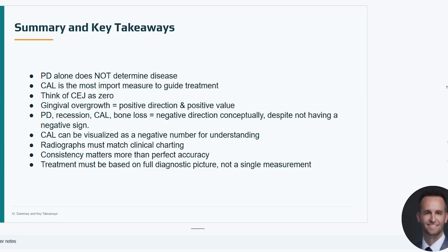Probing depth, recession, clinical attachment level, and bone loss are all in the negative direction conceptually on that axis that I showed you. Unfortunately, Curve does not show that negative sign. You just have to remember, if there is a number in the charting in Curve without a sign in front of it, it's theoretically a negative value.